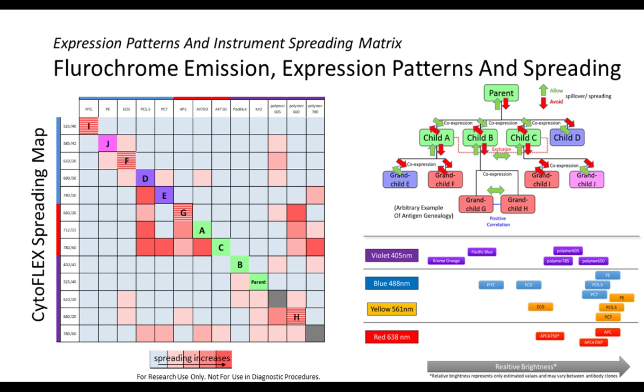So how can these three elements be used together? Let's have a look at some examples. For instance, the parent antigen. As you see in the spreading matrix on the right, it has been put into the chrome orange column. In the chrome orange column, you see mainly blue fields, and some have a light shade of red.